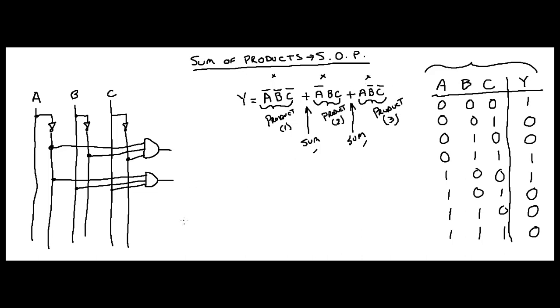A, B bar, C bar. There's your AND gate. We'll go from here, all the way to A, B bar and C bar. Get it? Now, we notice that the output of each one of these gates, they're all ORed together, right?